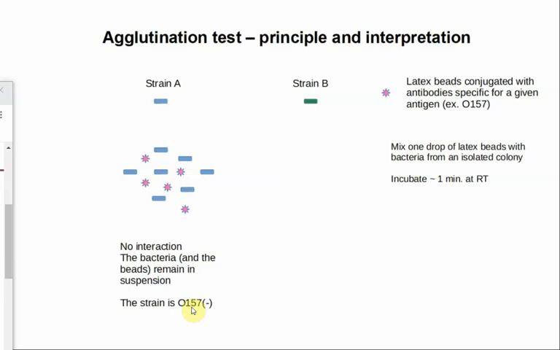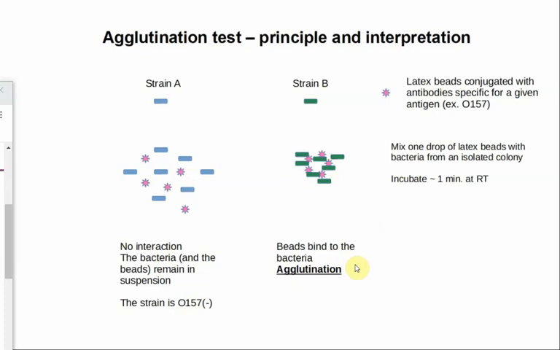The O157 antigen is not present. However, if O157 is present, then the antibodies on these beads will bind to the LPS on the surface of the bacteria, and then they will all agglutinate together.